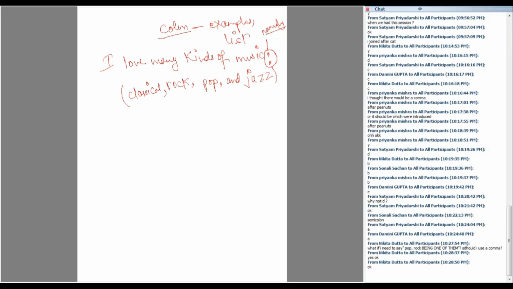Okay. So did you understand the difference between colon and semicolon? A semicolon is like a full stop. Remember, a semicolon is like a period. So instead of using a full stop, you used a semicolon. Why?